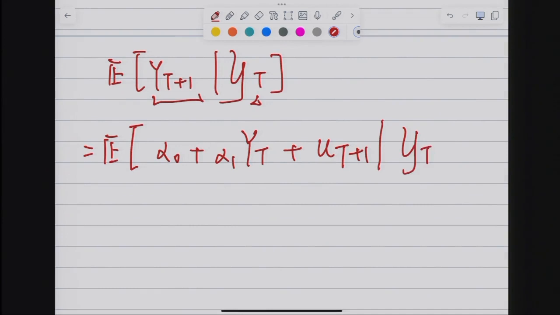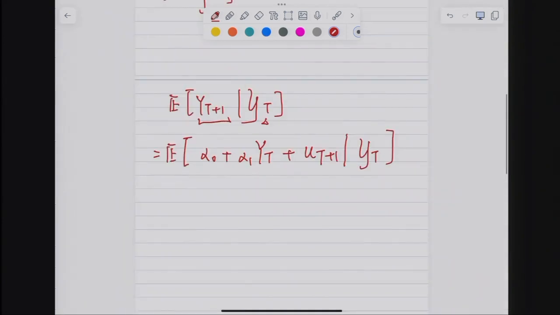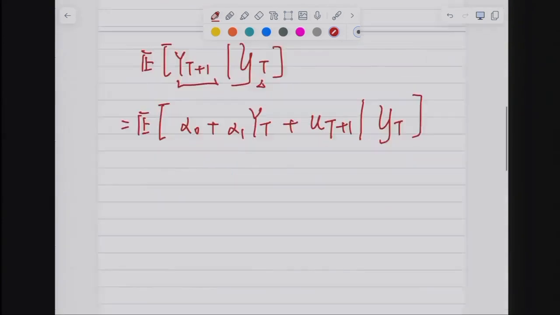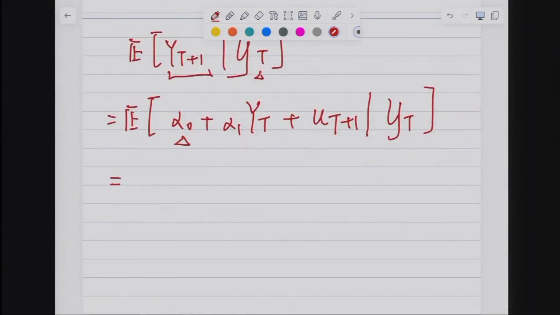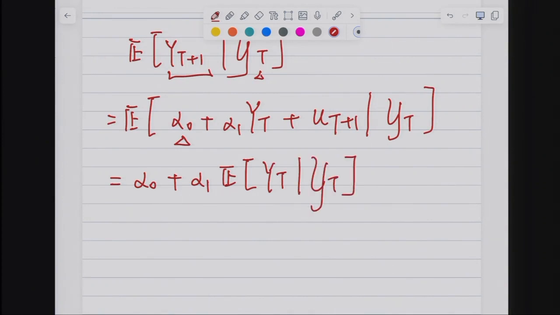This is given y_T. Then again, alpha naught is a constant, just take it out. We have the plus alpha 1 times the expectation of y_T given all past information up to time T. It's already contained inside, okay?